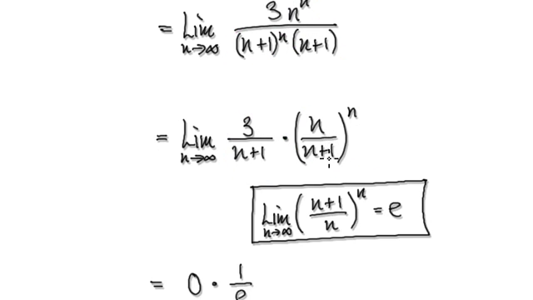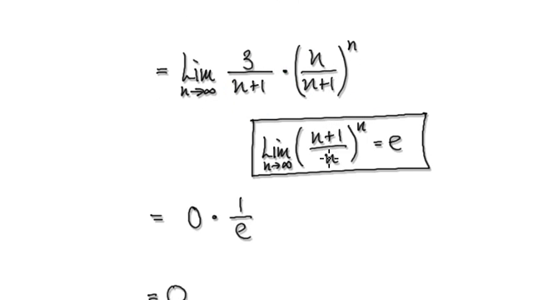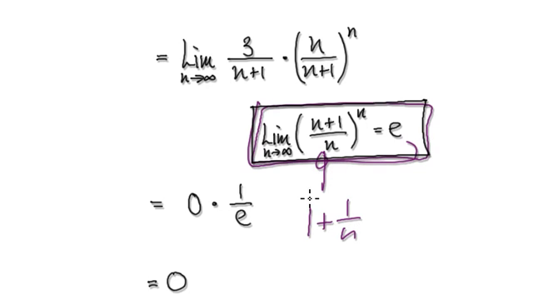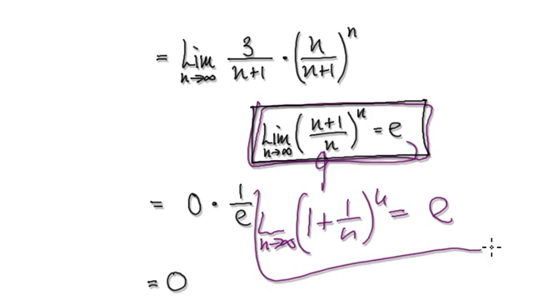And remember, in the previous video, I said that you should ingrain this in your mind: the limit as n tends to infinity of 1 plus 1 over n, to the power of n, equals e. Ingrain this in your mind.